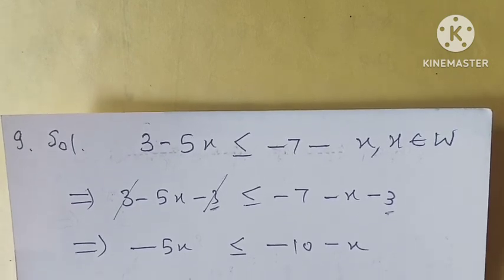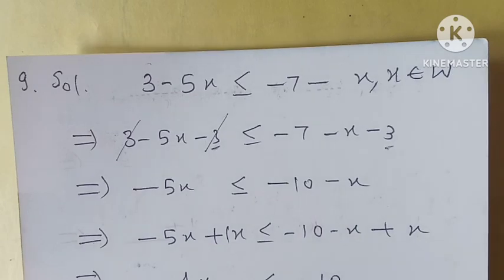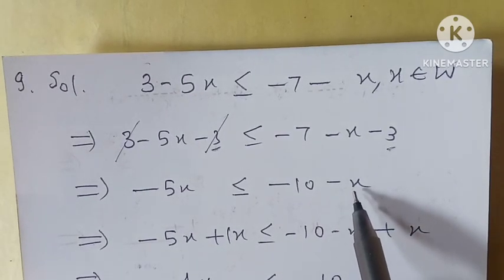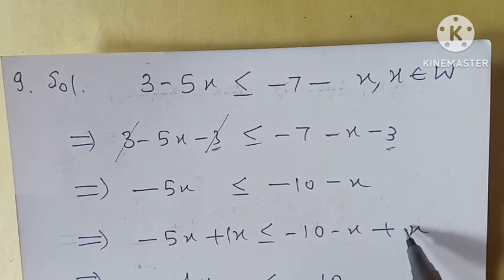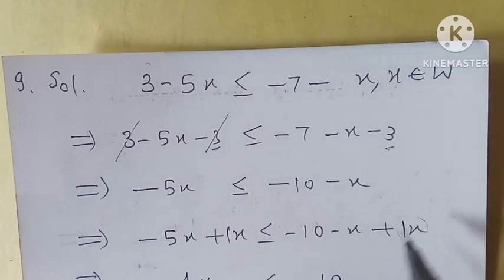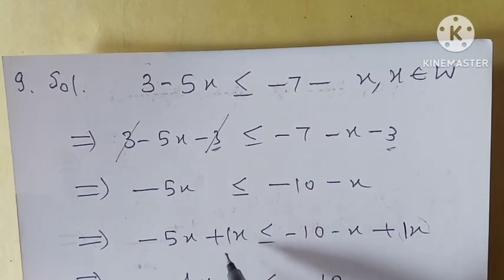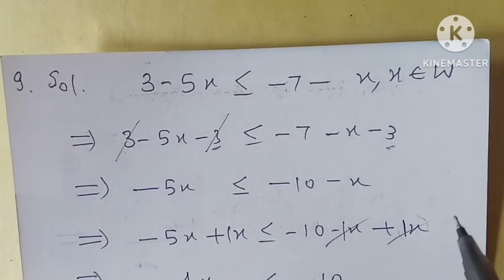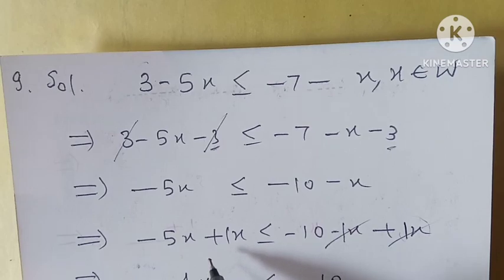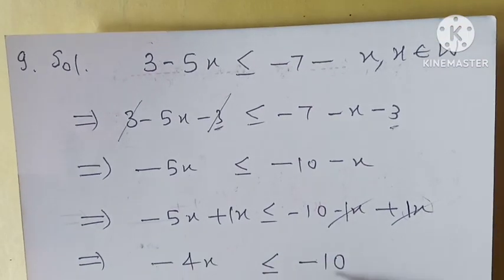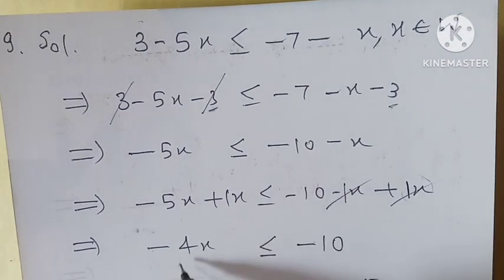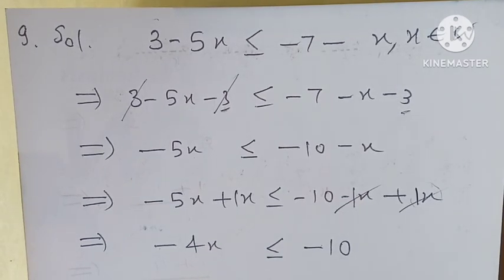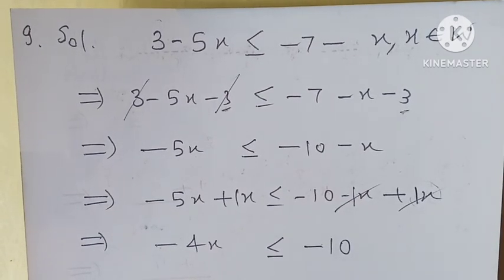We have to put x together on LHS, so we add x on both sides. This 1x is added on both sides. Here these two are cancelled, so minus 5x plus 1x is less than or equal to minus 10. Minus 5 plus 1 is minus 4, so minus 4x is less than or equal to minus 10.